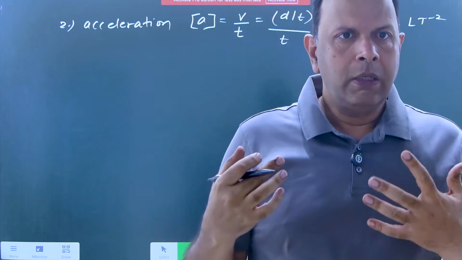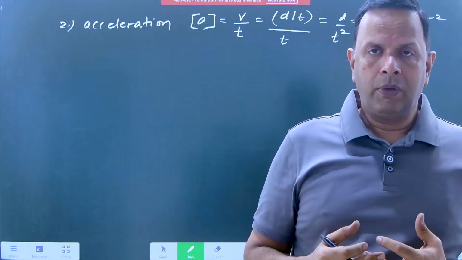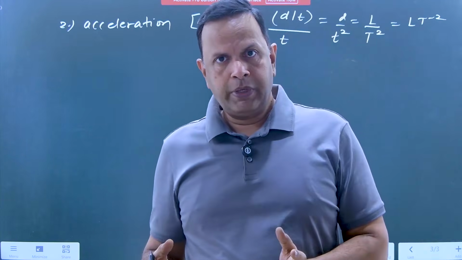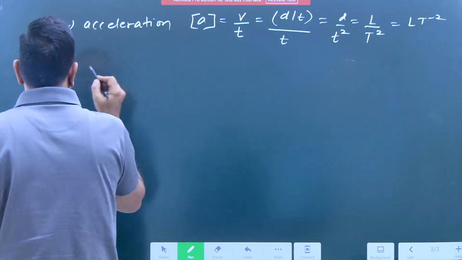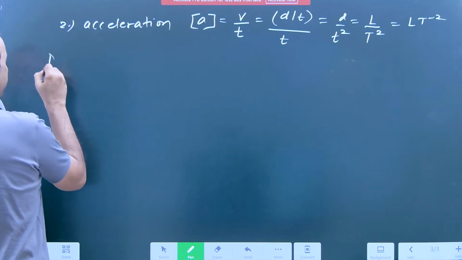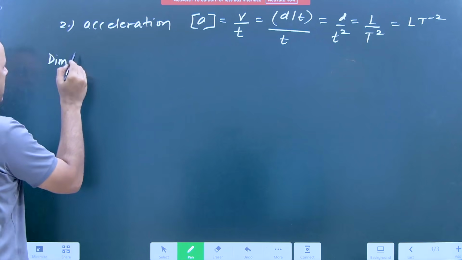Yeah, I'm again repeating. Dimensional formula is the expression for a derived quantity. Let me write that. I'm writing DIM. for dimensional.